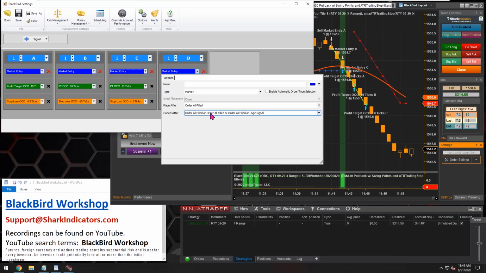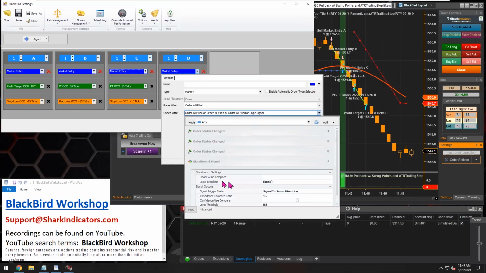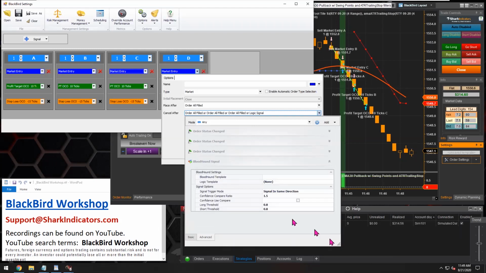Yeah. So here, I'm going to go back to this one. So here we go, Bloodhound. If you wanted to use a Bloodhound signal to cancel a pending order, you would simply load the Bloodhound template, and then identify: is Bloodhound giving you a signal in the direction of the trend change?